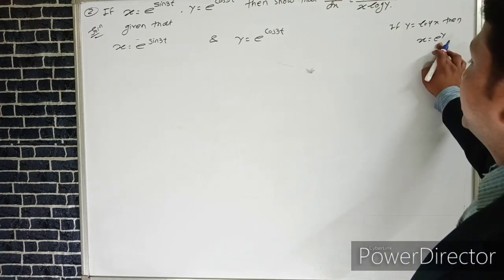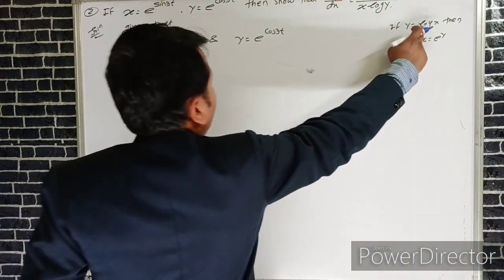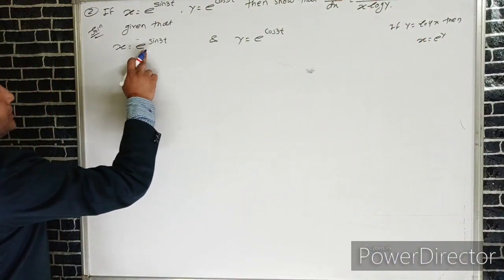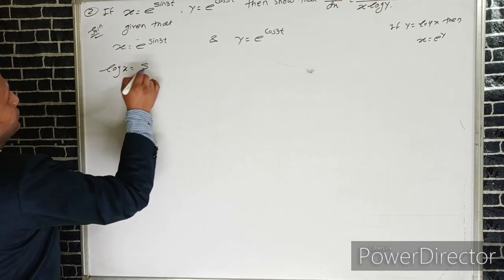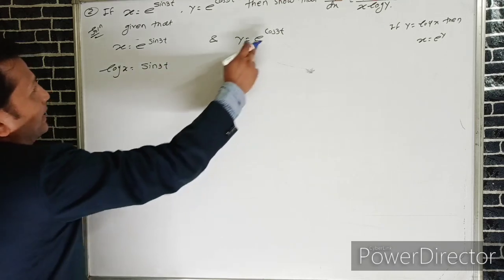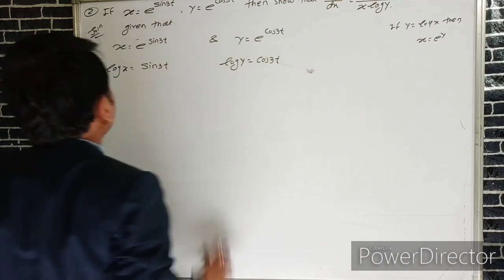If the given function is e raised to the power y, then we can write x. Hence, we can write, shifting e to the left side, log x is equal to sin 3t and log y is equal to cos 3t.